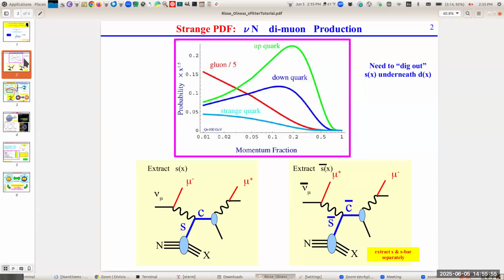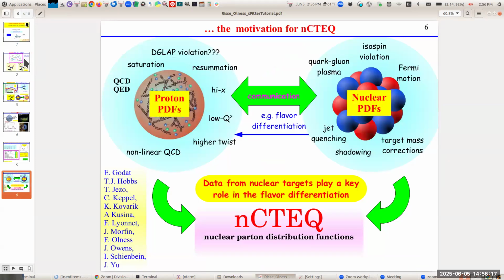Typically, because the strange quark is heavier than the up and down quark, you expect it to be suppressed. So what they found was that in general, the anti-strange quark, SBAR, was about half of the anti-up or anti-down, which is sort of what you expected. And that was fine.